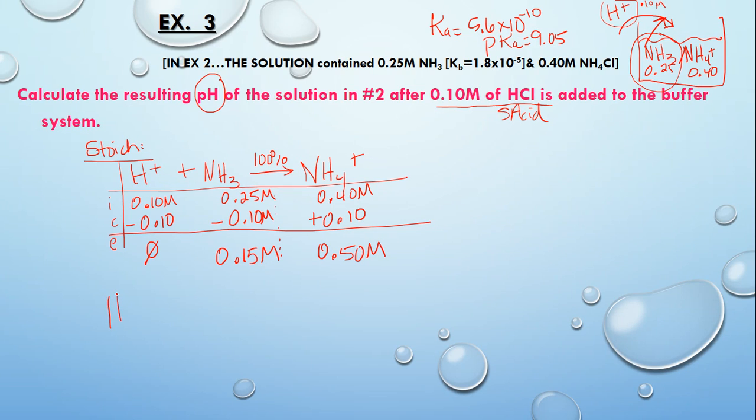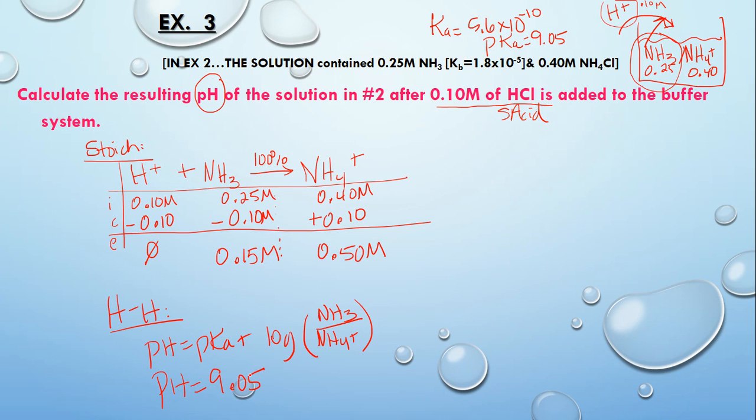So Henderson-Hasselbalch equation, I'll put HH. We know pH equals the pKa plus the log of the base NH3 over the acid NH4 plus. So pH equals, remember the pKa is 9.05, plus the log.